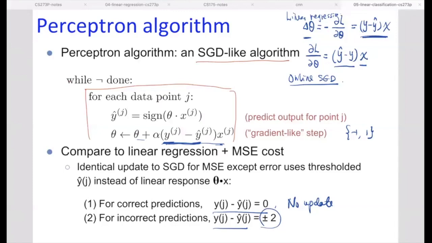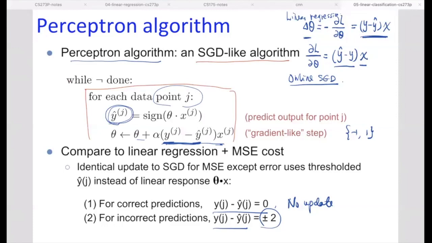So in this case, you will update your parameter. So essentially, when I apply this so-called perceptron learning algorithm, I go through each of the data samples, and if a sample is already predicted correctly, I will not update the parameters, and I will update the parameter on those samples that are incorrectly labeled.